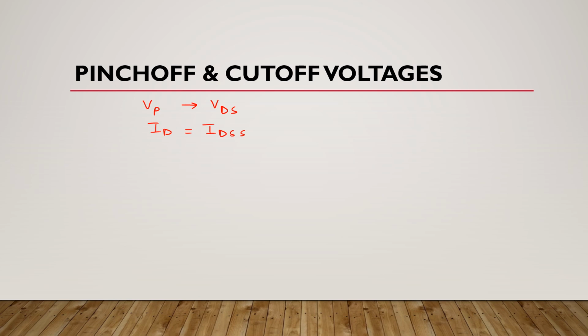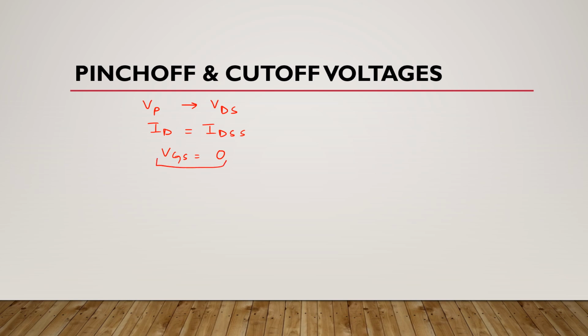This pinch off voltage occurs when VGS is 0. It means it is always measured at this condition.